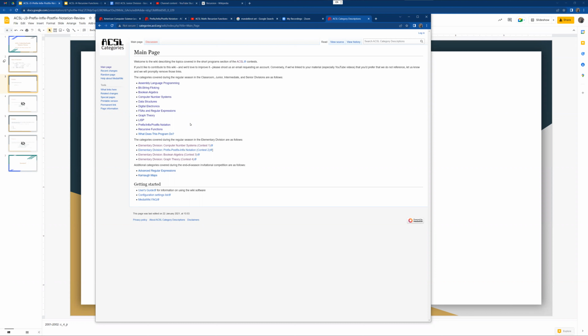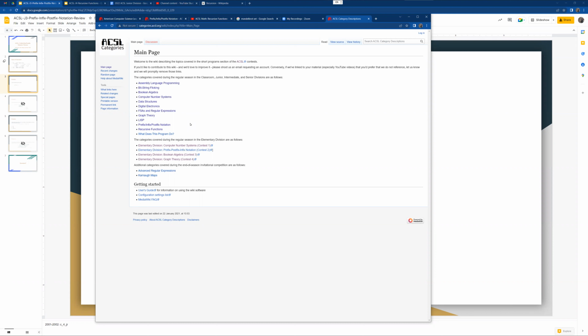These are all the topics that ACSL would touch. You don't need to go through everything right now, but for the ones going to high school, if you're participating in the senior division, then you will have to go through everything.